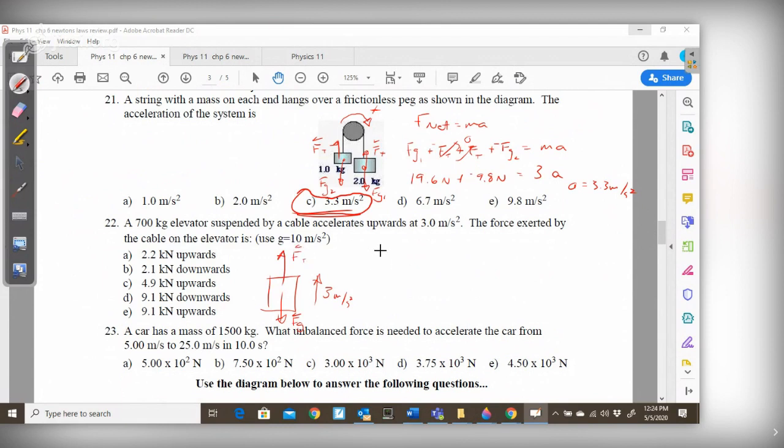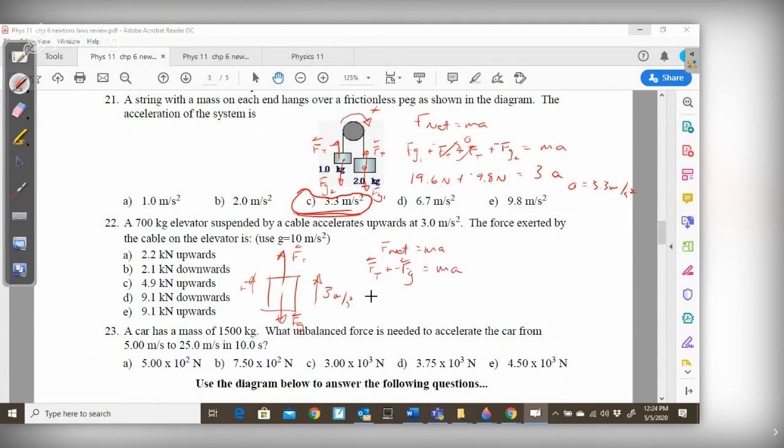So what we've got here, our F net is equal to ma. Our force F net, well, we'll take upwards to be positive. So that's going to be our force of tension plus our force of gravity, which is negative. That's going to equal our mass times our acceleration.